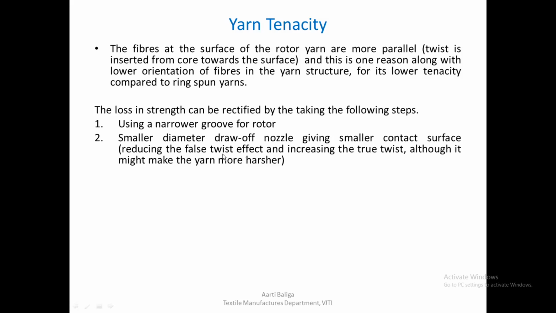Since it reduces the false twist effect, it will at the same time increase the true twist that has to be inserted. And although by doing this it may make the yarn harsher, we can expect good yarn tenacity. So if we are looking for tenacity, a slight compromise is made on the harshness of the handle of the yarn.